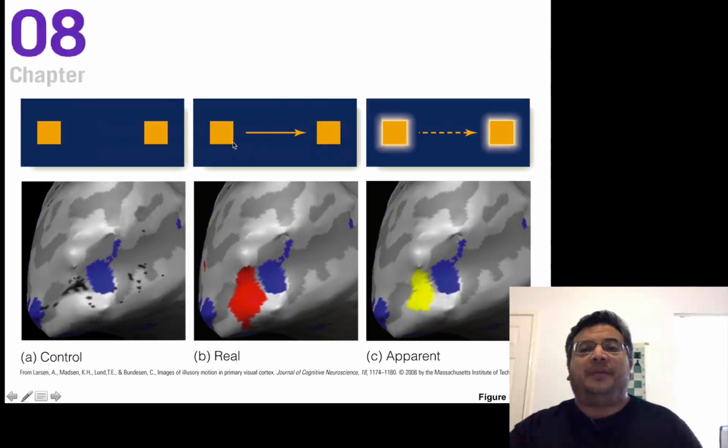When we do the real motion, the dot going here to here, and it actually is a dot that's moving back and forth on the screen, we get the dots lighting up, but we also get this area of the visual cortex lighting up as well, telling us that we're detecting motion. And in a very similar fashion, the apparent motion, where it looks like it's moving, lights up almost exactly the same areas in almost exactly the same way.